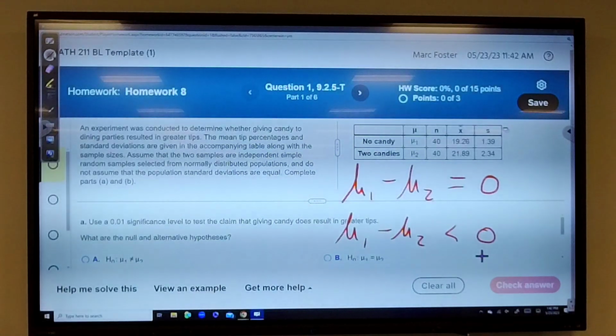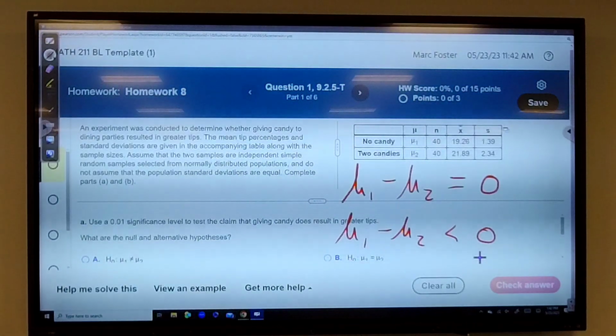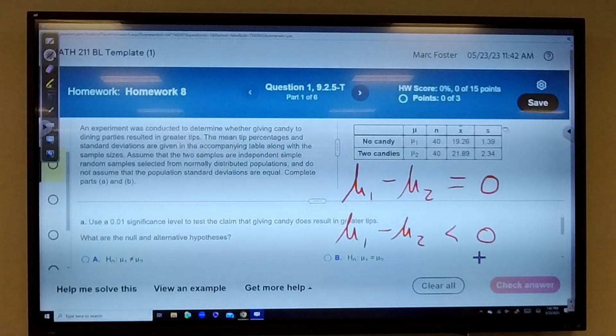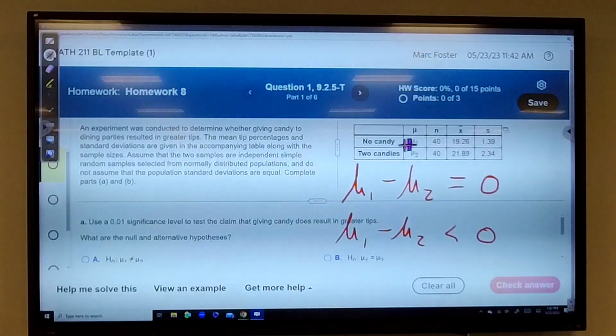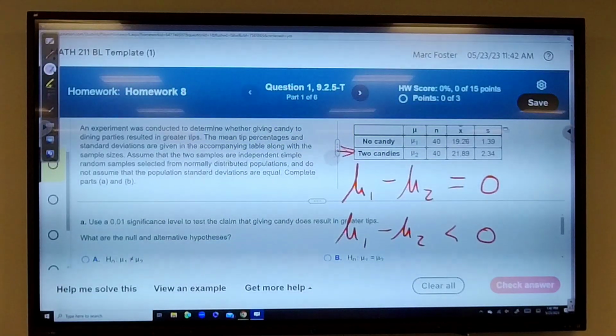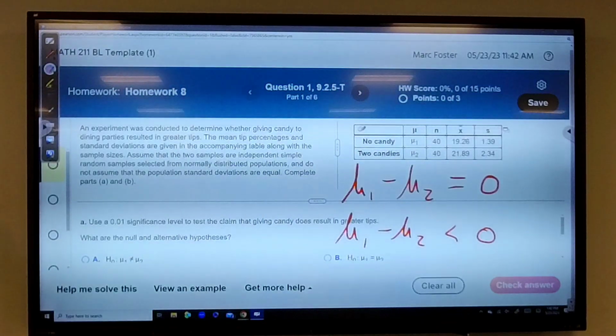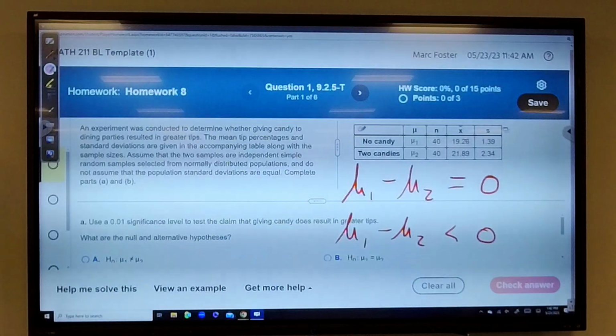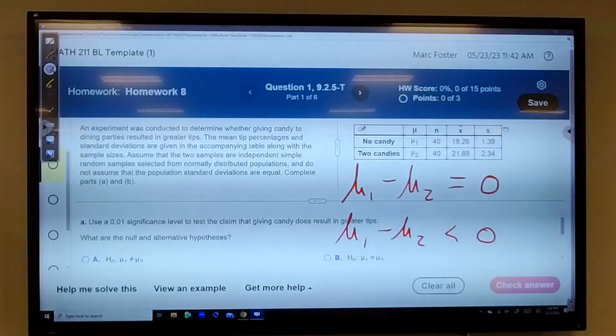You understand? Yeah. So it's opposite for the last one. Careful now. It's not opposite. Mu2 is the average tip when you give candy.